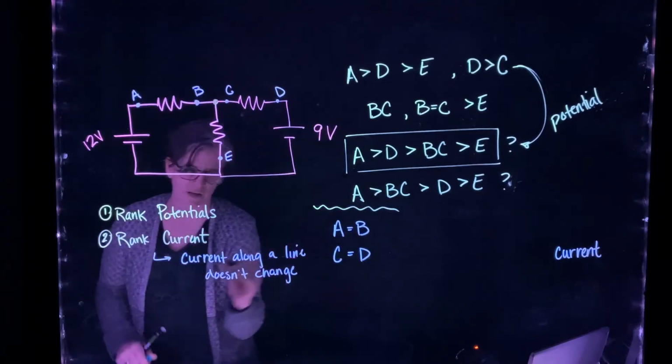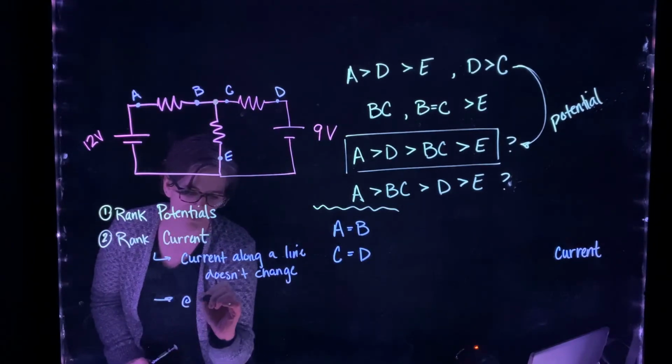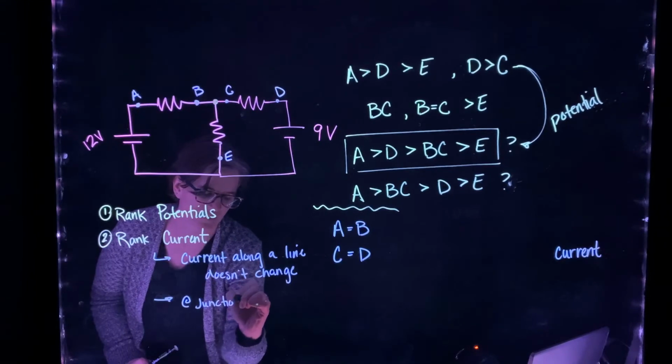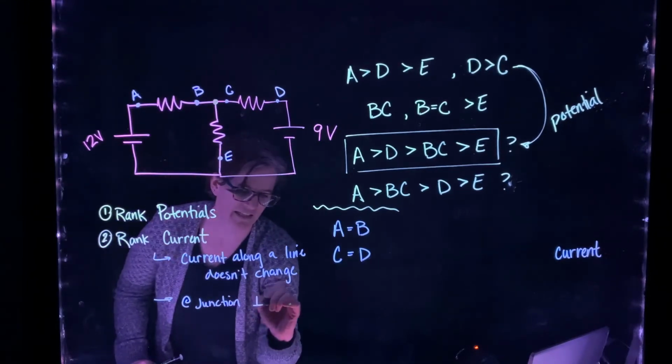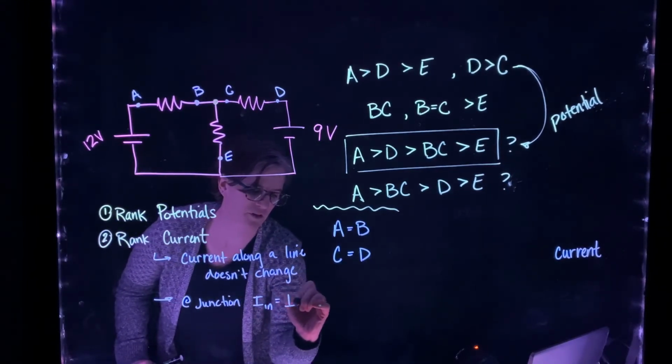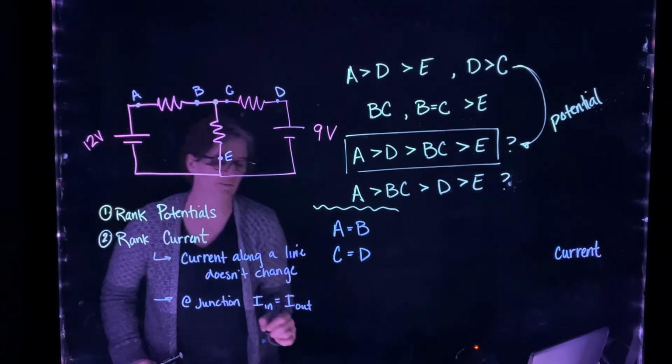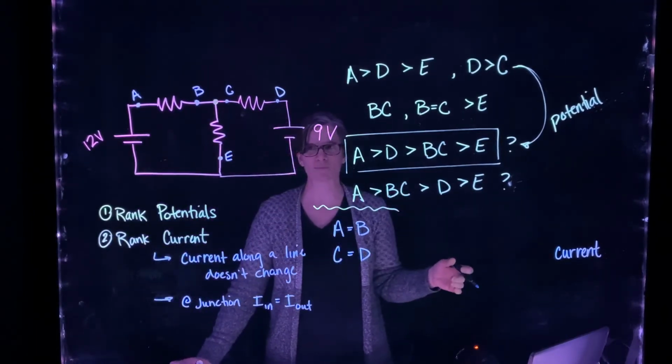That leads to our second thing we have to remember about current. At a junction, the current in has to equal the current out. This is the principle of conservation of charge.